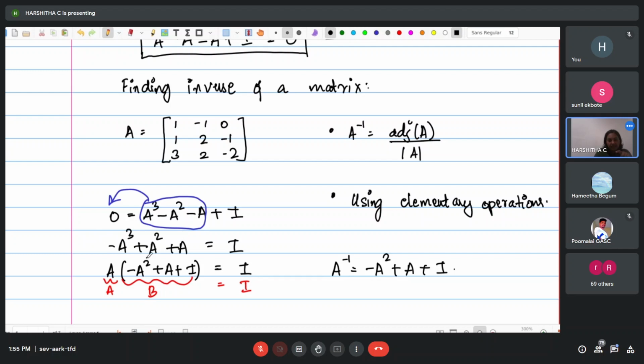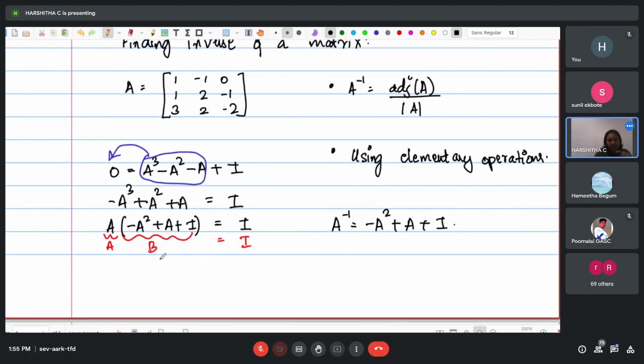Now in the left hand side, you can take A common outside. So when you take A common out, what we get is A into some other matrix, whatever is remaining in the bracket, equal to identity. Now, what is the inverse of A? Inverse of A is precisely that matrix which when you multiply with A gives you the identity, right? What do you mean by A inverse? It is some matrix which satisfies this equation. So that is precisely what we have got here, right?